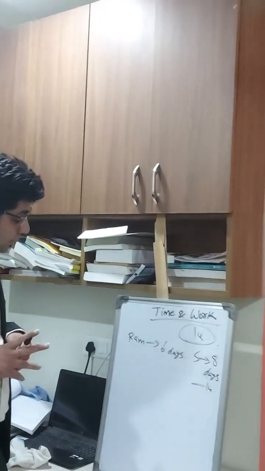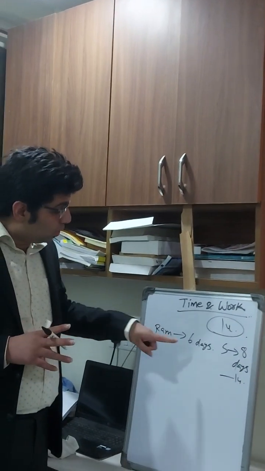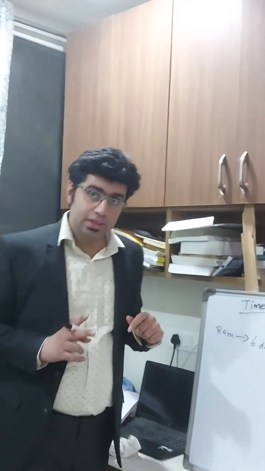If we logically think, if both of them work together, how many days will they take to complete the task? Ram alone is taking 6 days to complete the task, but now Sham is helping Ram.